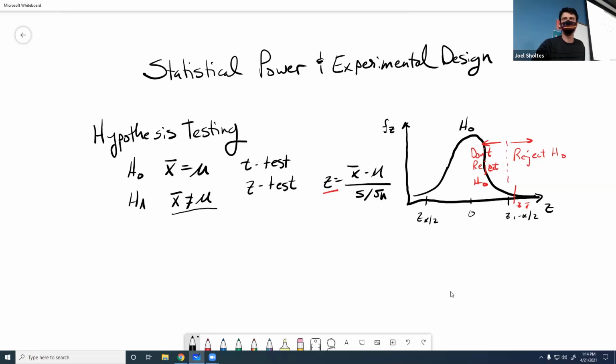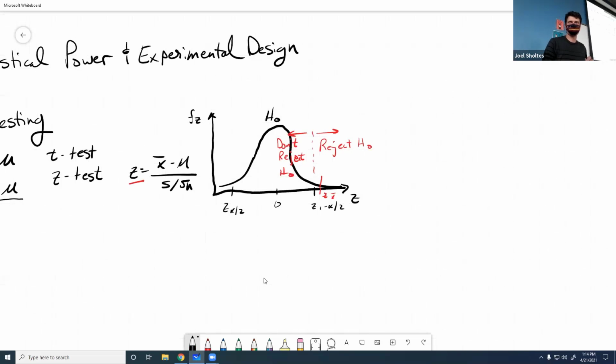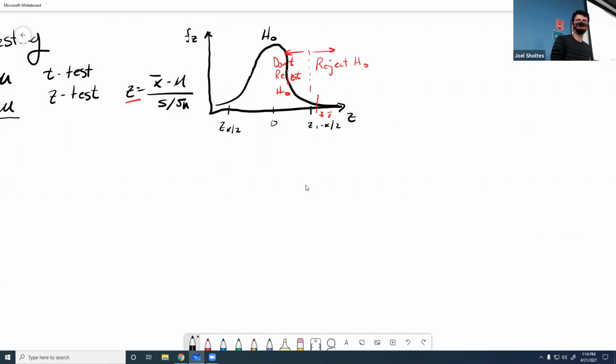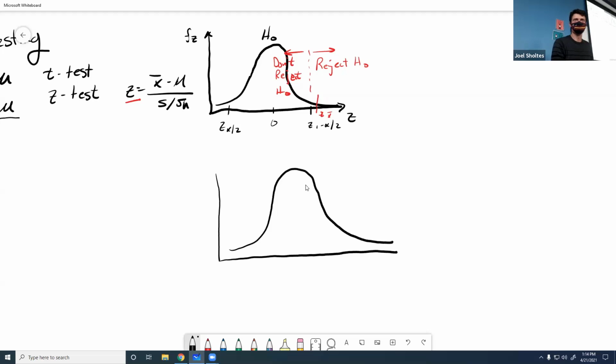And if we go over here a little bit farther, we'll just draw a new one underneath. All right, so we've got our z distribution, our normal distribution. I'm going to draw a little bit farther, give ourselves some more room here.